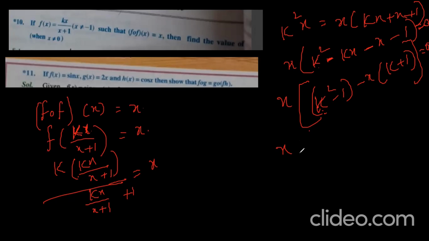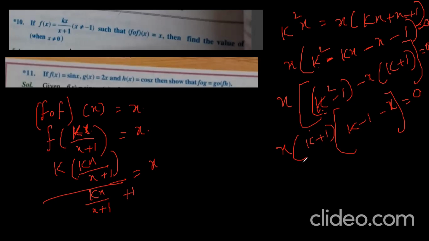So can I take k plus 1 as common? x into k plus 1, if I take common, here k minus 1 is left and x into k plus 1 gone, so minus 1 is left. Any doubt? x into k plus 1, if I take common, x is left, sorry, not 1. x into k plus 1 into k minus 1 minus x.